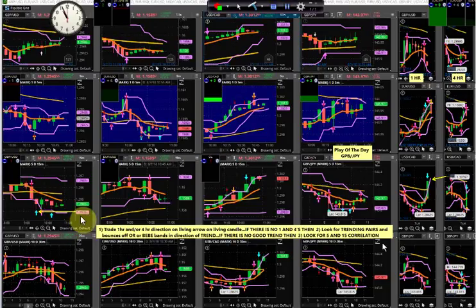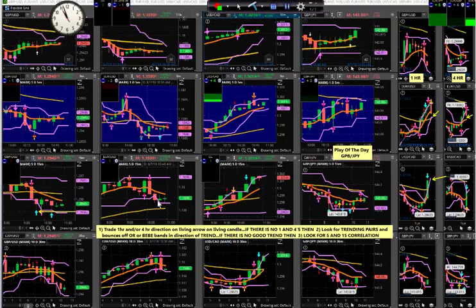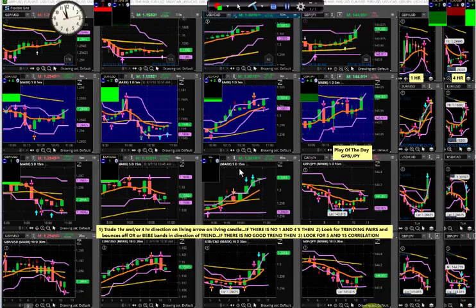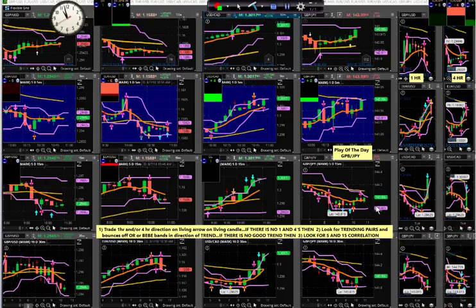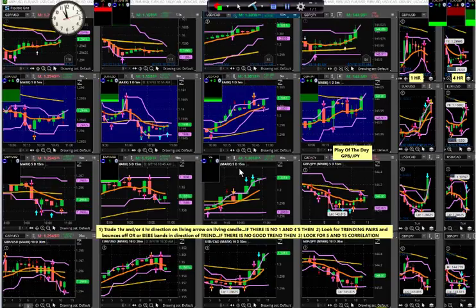So the arrow showed up at, let's see, what time did the arrow show up? At 45, 46 almost.